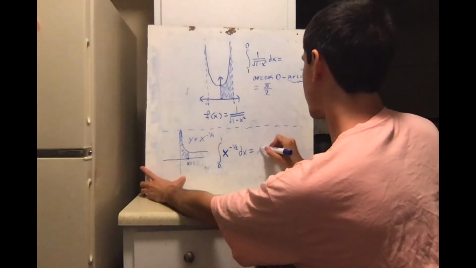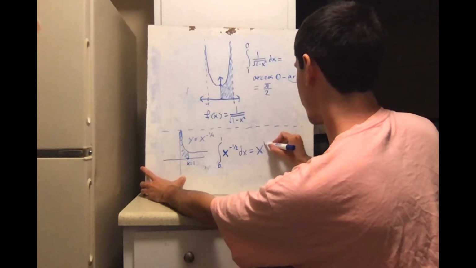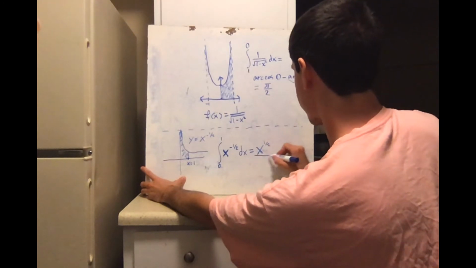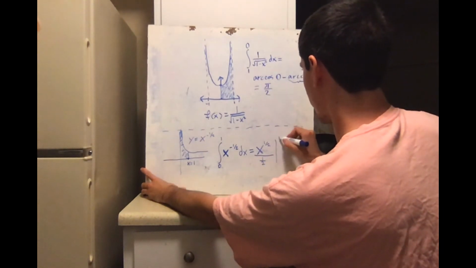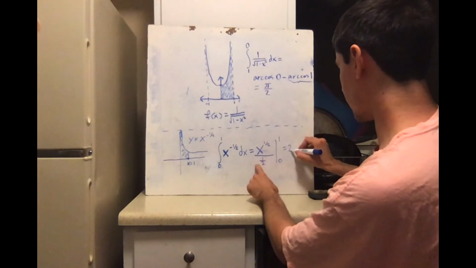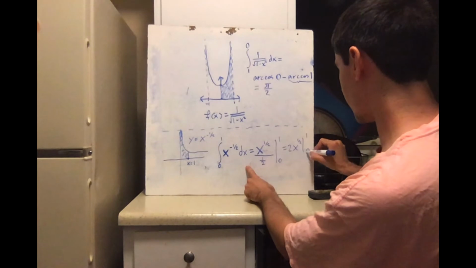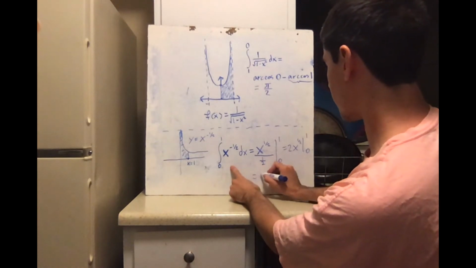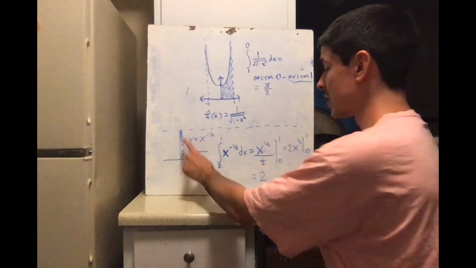Because if we just go along and act like everything's fine, it will be fine. Evaluated from 1 to 0, it's going to be 2 times x to the 1/2 evaluated from 1 to 0. And that's just going to be 2. So this area here is 2.